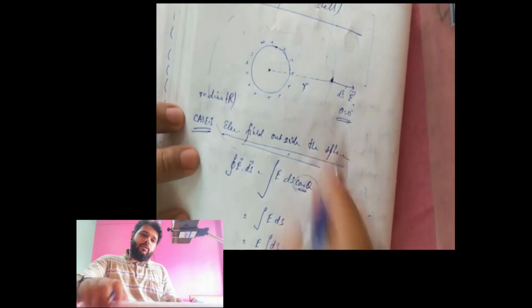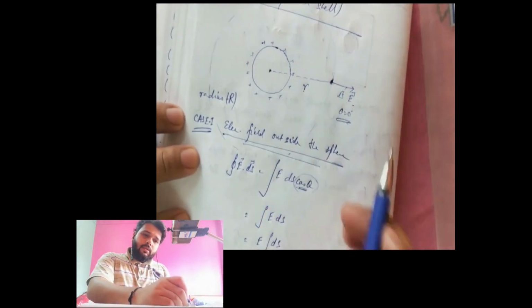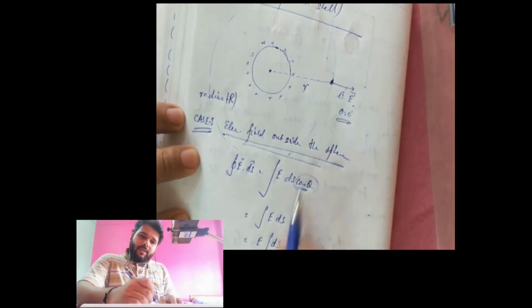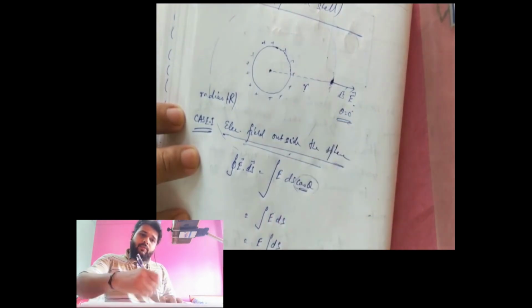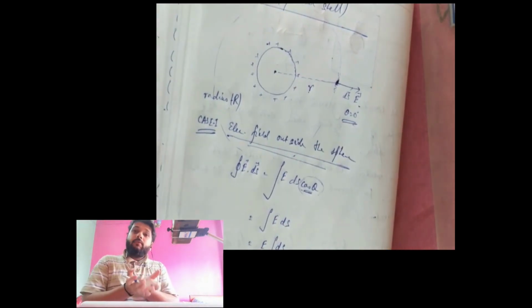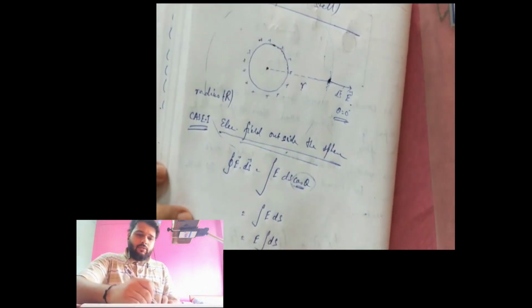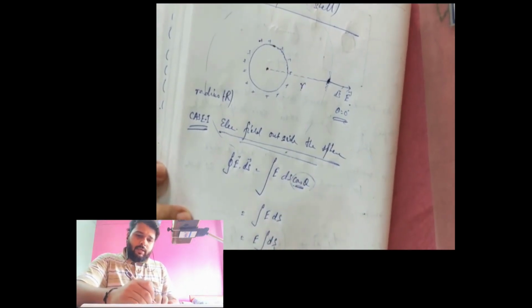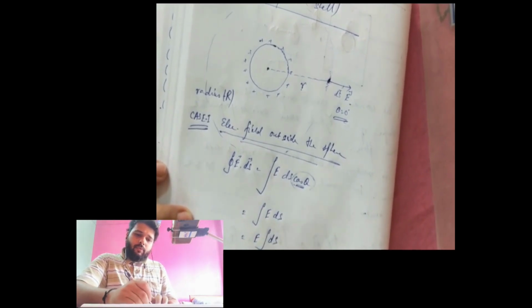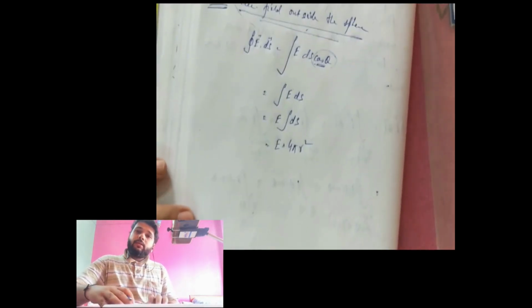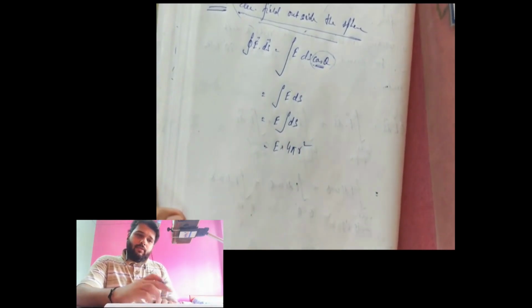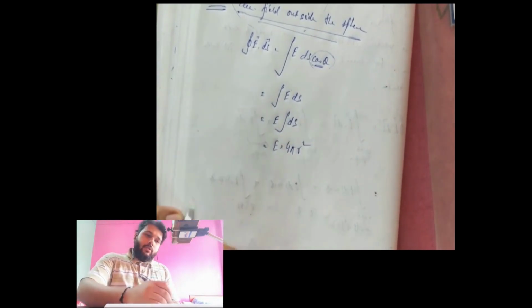Now ds is a small surface. If I sum up all the small surfaces, we get the total surface, and the total surface area of a sphere is 4 pi r square. So in place of integration of ds, we will write 4 pi r square, the total surface area of the sphere. Next, total charge.